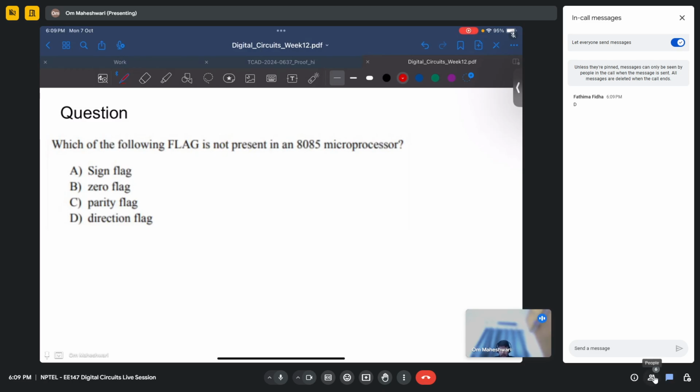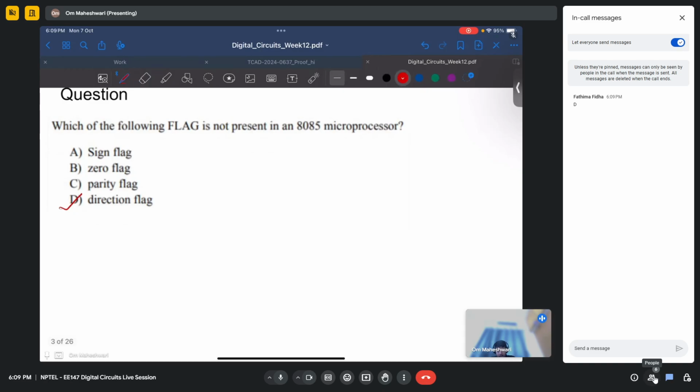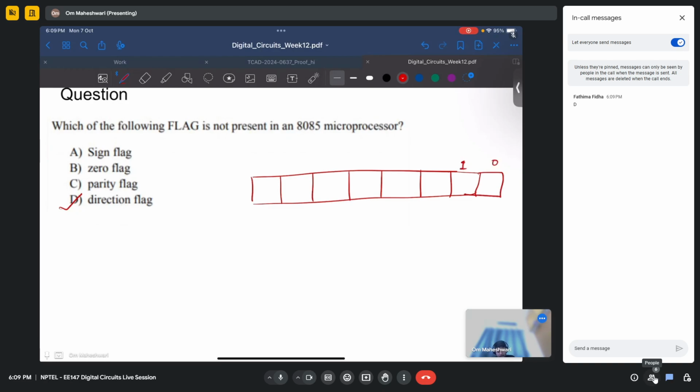Right, it's D, direction flag. So if you remember, in our flag register in 8085, this is the flags register. We have 8 bits.